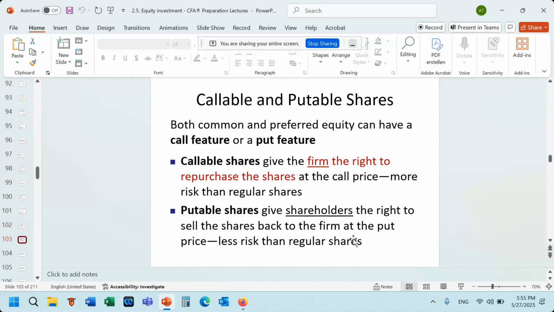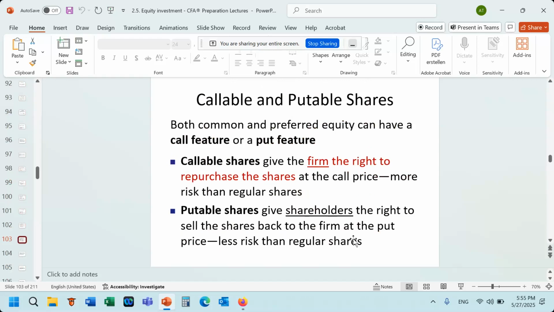Then there is this concept of callable and putable shares. This goes to call and put option. Callable shares means the company could pay you off and purchase the shares back from you.